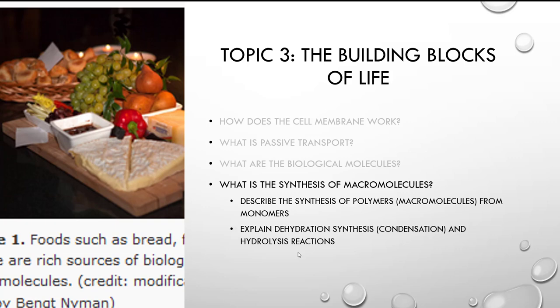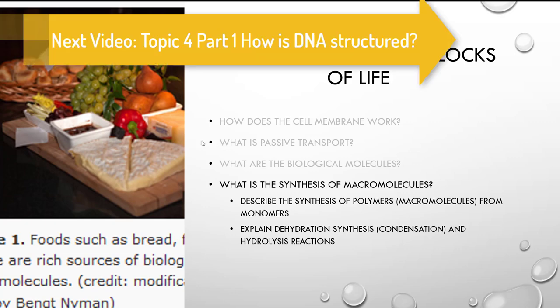Since we're done with topic 3, you should be able to answer all of the questions in the workbook related to topic 3, as well as the quiz questions for the topic 3 quiz. Next up, we have topic 4, which gets into more of the nucleic acids part of the biological macromolecules, the genetics, or DNA particularly, as well as we learn more about how energy is produced by the cell.